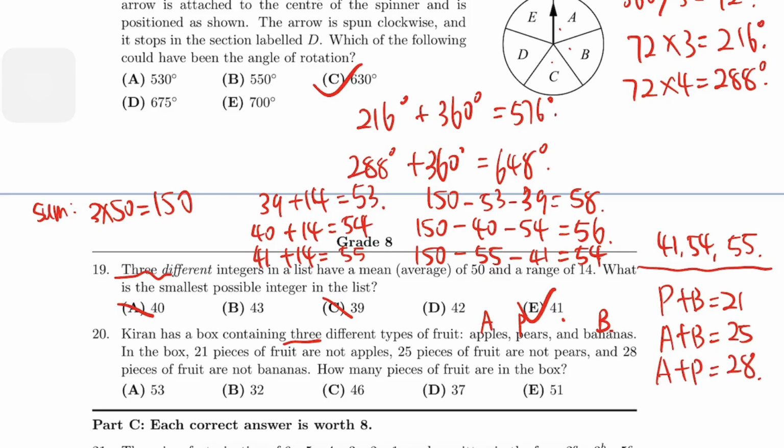So how many pieces fruit are in the box? So we can add all these numbers together, which is 2P plus B plus A. Add the right side together, which is 74. So P plus B plus A is 74 divided by 2, which is 37. So answer is D.